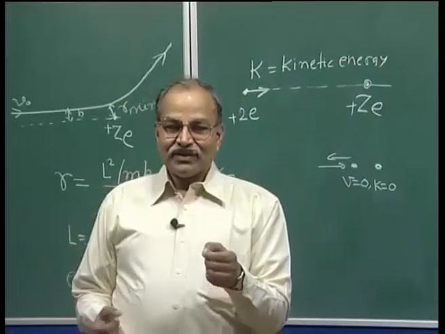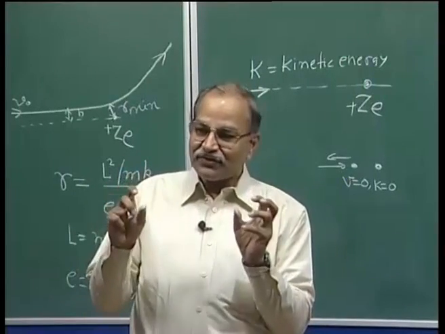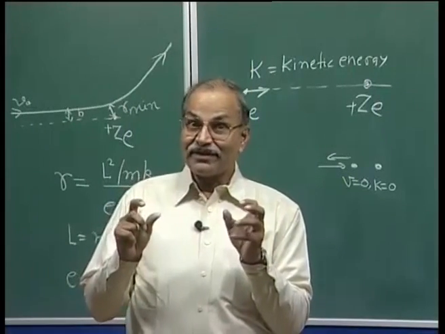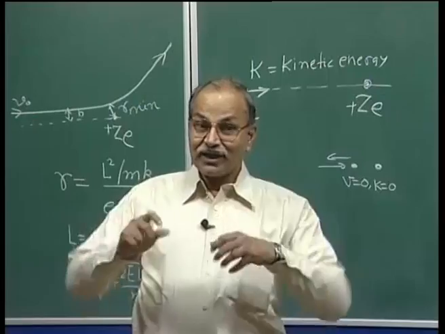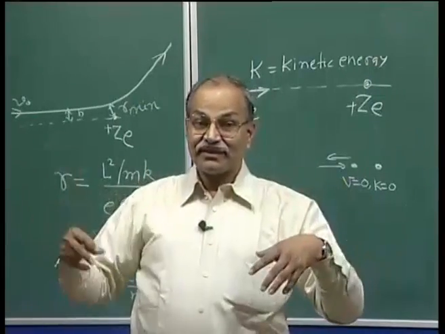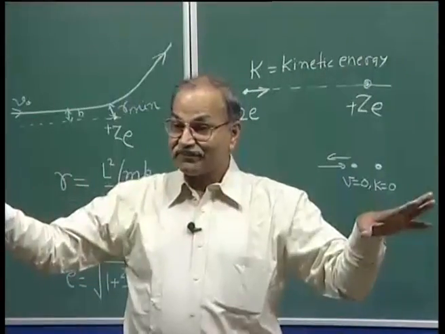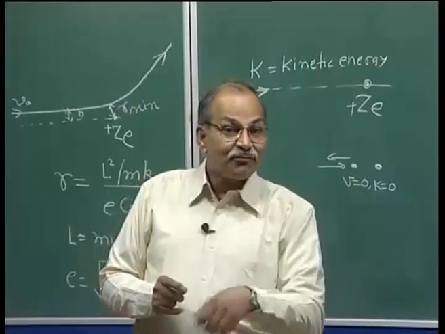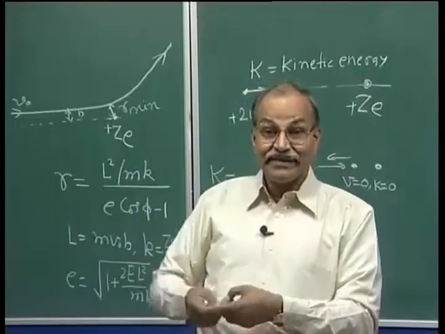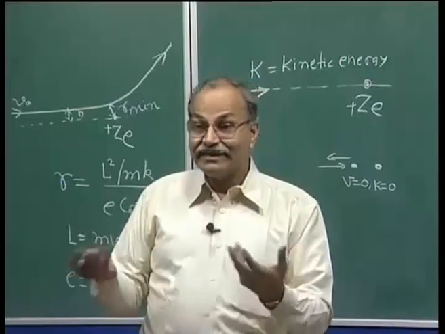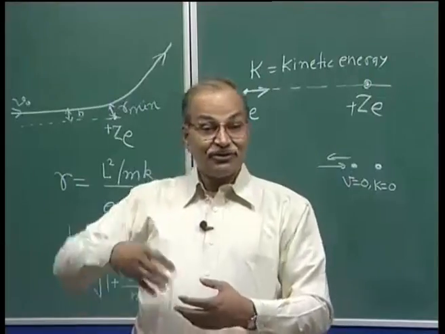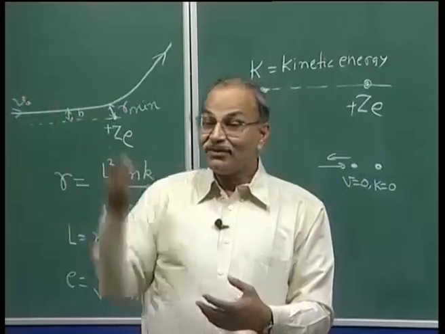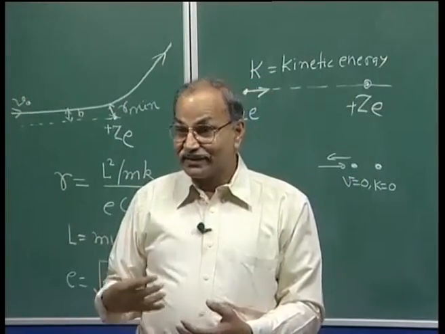In elastic scattering, the internal structure of the particles is not changed. So, those internal energies are not changed. Then whatever you see, kinetic energy, potential energy, that remains intact. But if during this scattering the internal structure of one of the 2 particles or both particles changes, the internal energy increases or decreases, then the visible kinetic energy plus potential energy is not the same as the original, and it becomes inelastic scattering.